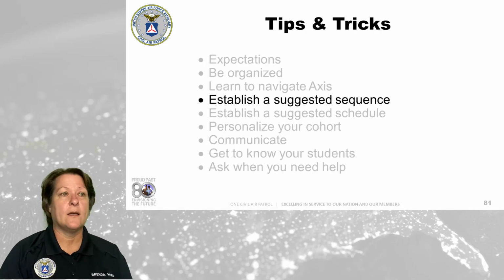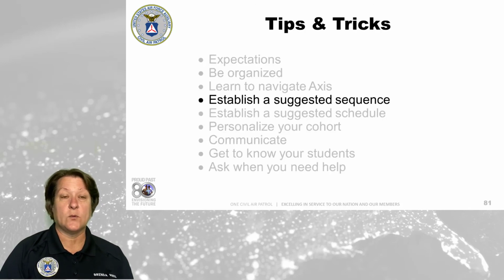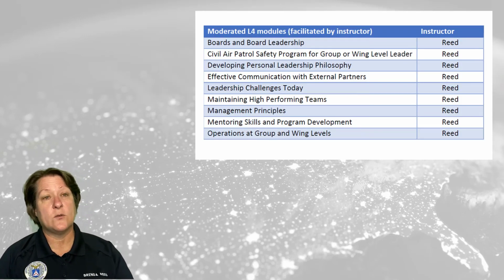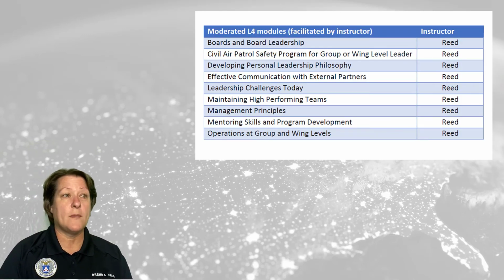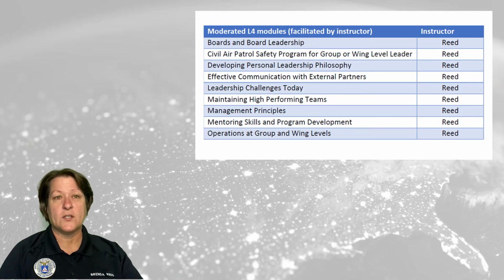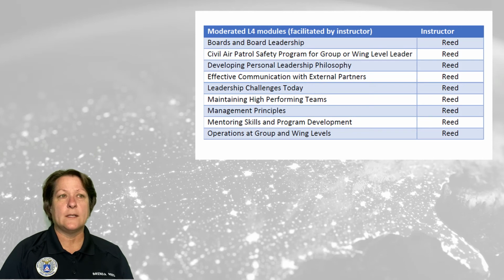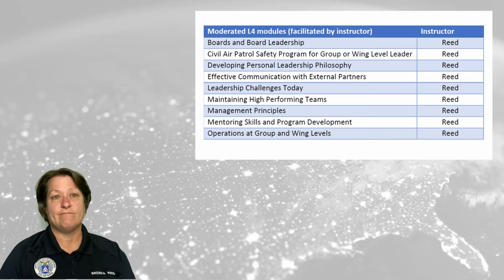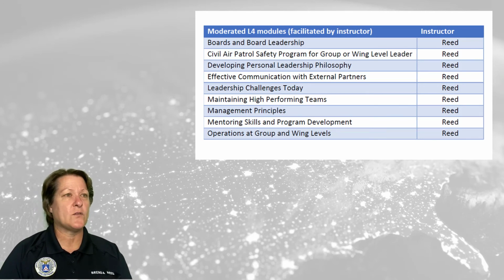Another tip and trick: establish a suggested sequence. I talked about this a little bit ago. Here is the suggested sequence for moderated level 4 modules. This isn't all of them, but it gives you an idea. The foundation and prerequisites are previous levels, so they could do these in any order. These are essentially in alphabetical order, and it doesn't necessarily matter for some of these.